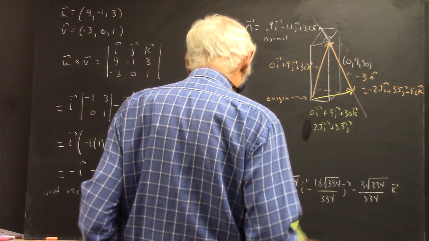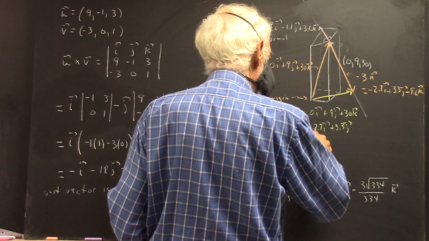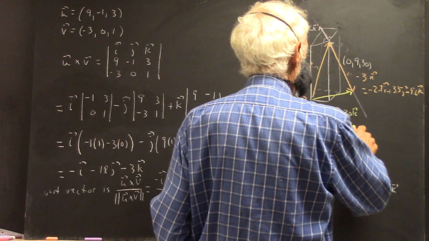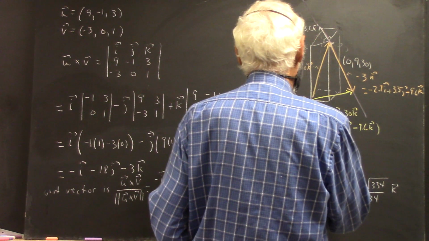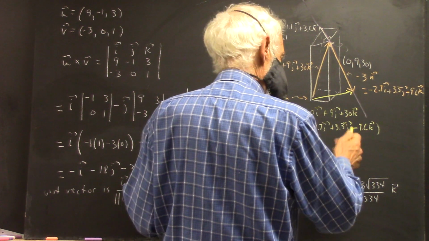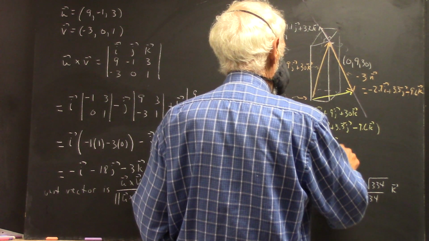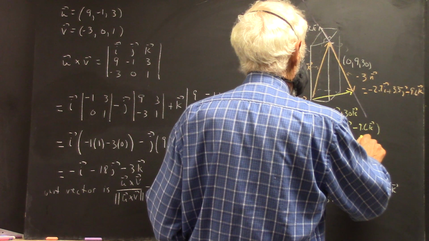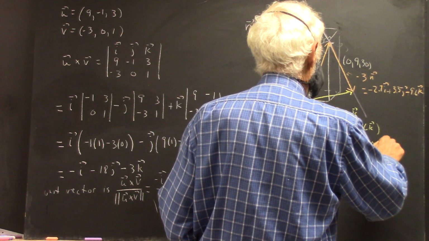But I was thinking that time, so I caught it a little quicker. Okay. Plus negative 2.7i plus 3.3j minus 9.6k. And we usually add that up. I can do the addition. Negative 2.7i plus 12.3j plus 20.4k.